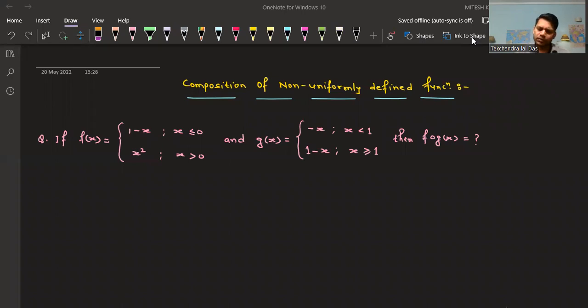The analytical method is also very simple. You can use either method to find f composite g or g composite f of any non-uniformly defined functions. Let's discuss the first method, that is method number 1, the graphical method.